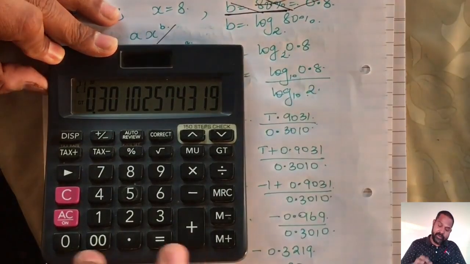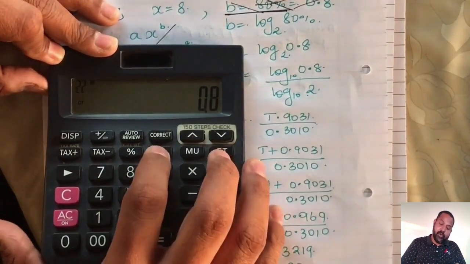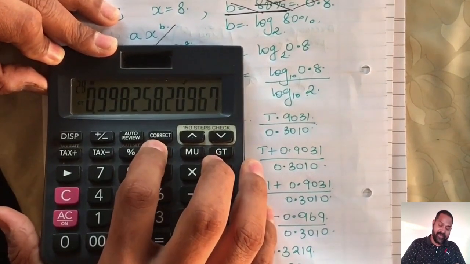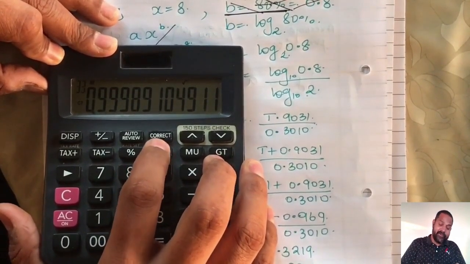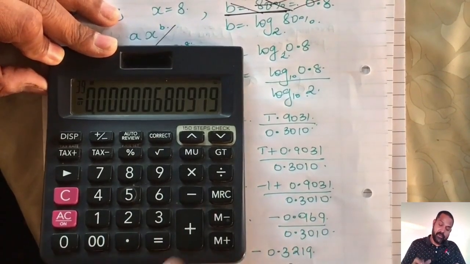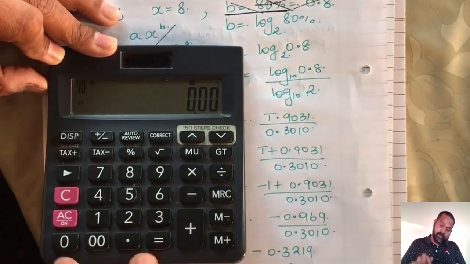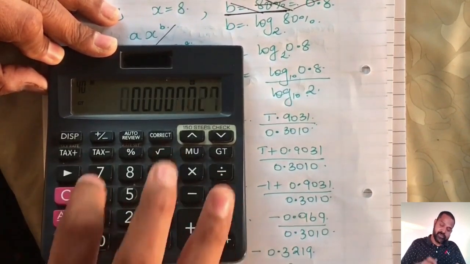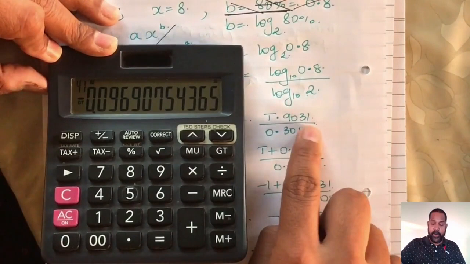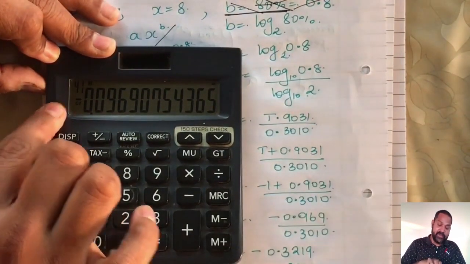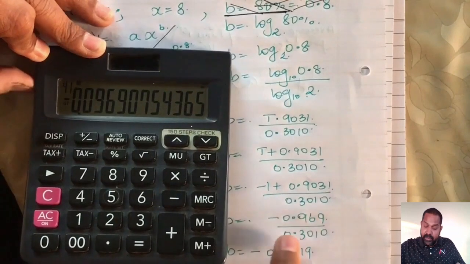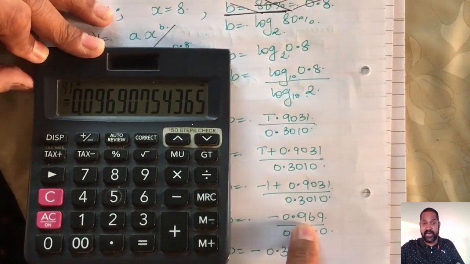Log of 0.8, 0.8, root sign 15 times, 1, 2, 3, 4, 5, 6, 7, 8, 9, 10, 11, 12, 13, 14, 15, minus 1, divided by 0.000070,271. This is the log of 0.8, which is a negative 0.9690. Isn't that correct? A negative 0.969.